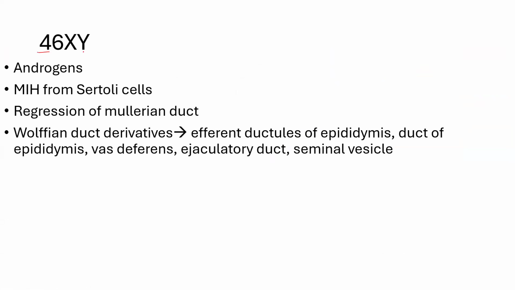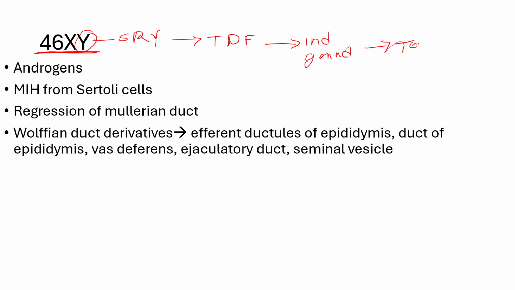Okay, so I think this is what I have been trying to say. If the chromosomal sex, the genotypic sex, is 46XY, then because of the Y chromosome, it has the SRY gene. SRY gene will code for TDF. TDF will make the indifferent gonad become testes, and then your testes will produce androgens.